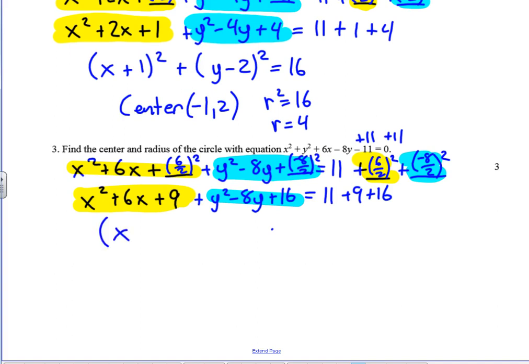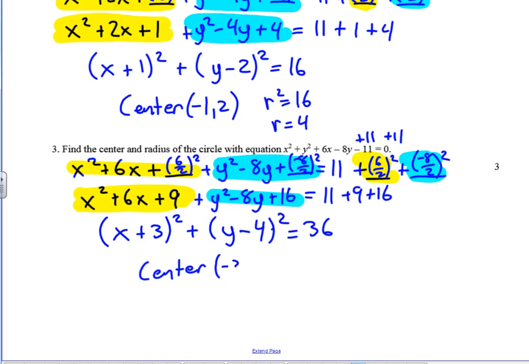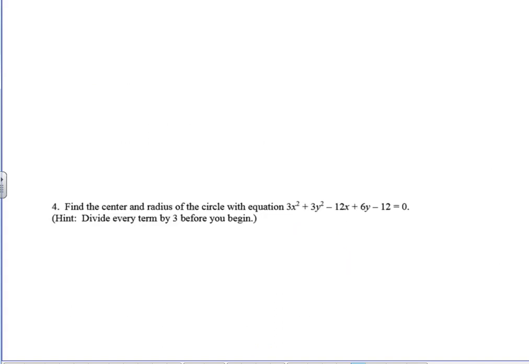So this would be 6 divided by 2, positive 3 squared, plus y minus, keep the sign in front of that 8. 8 divided by 2 is 4 squared. 11, 9, and 16 is 36. So our center would be negative 3, 4, switching the signs. And our r squared equals 36. Square root of 36 is 6. We reject the negative because we're talking about a radius which has a length.